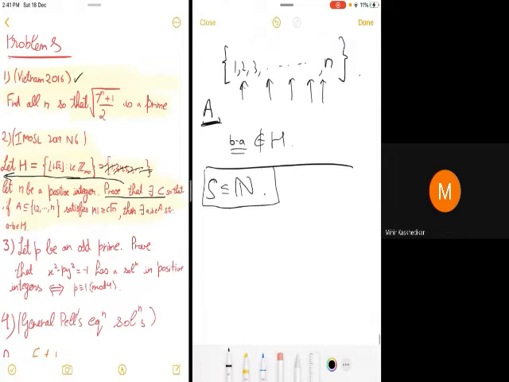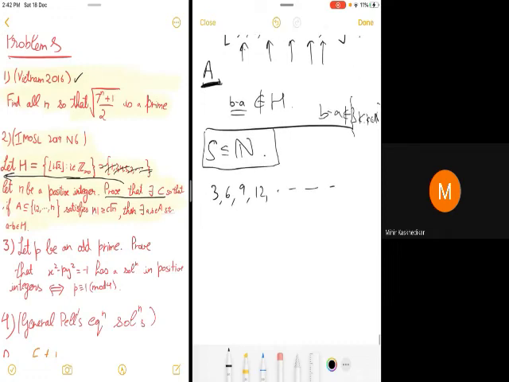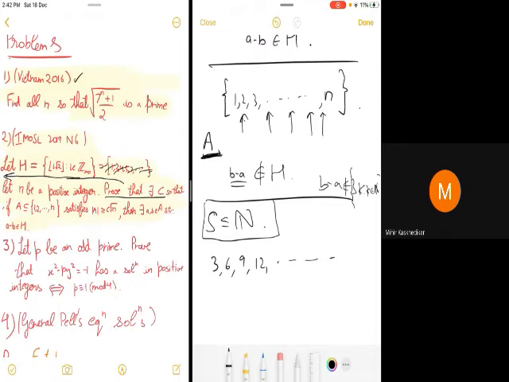What about a set like, suppose, multiples of 3: 3, 6, 9, 12? What is the max number of elements A can have so that B minus A is not a multiple of 3? So I said that first let's forget about H for now and let S be the multiples of 3.